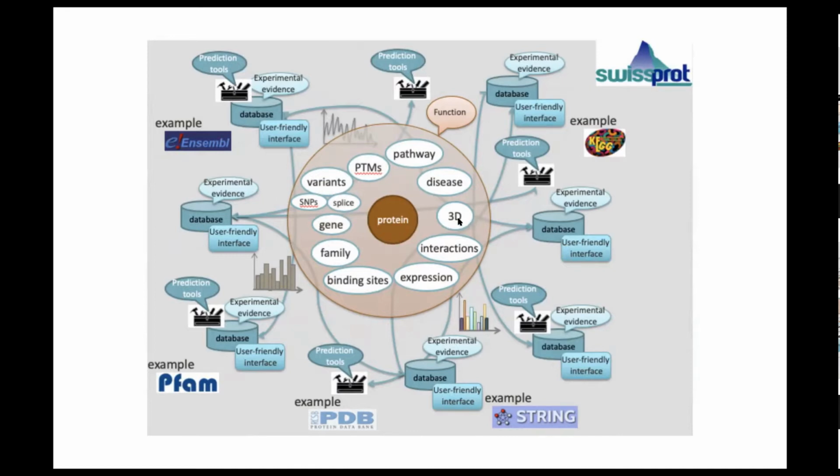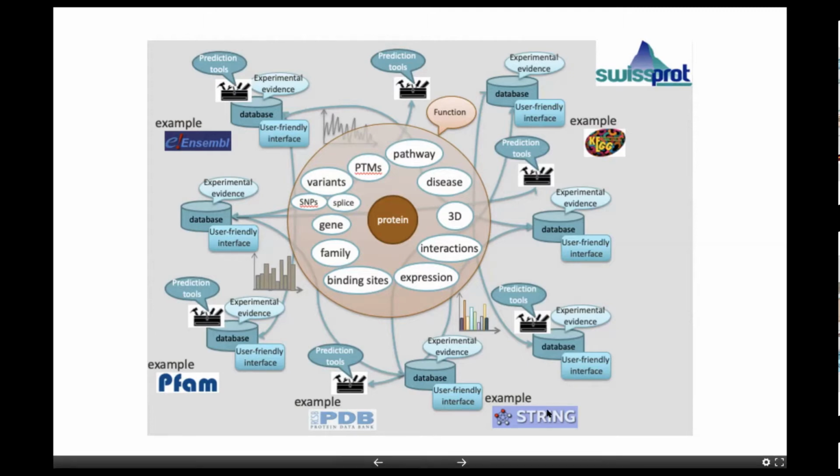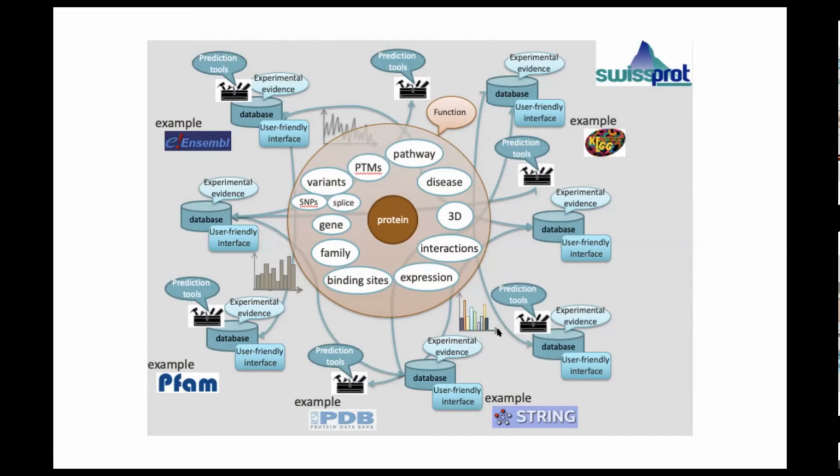You can have information on the 3D structure, on variants, on post-translational modification, and this is surrounded by a highly populated environment of databases, and also databases with toolboxes, prediction tools. And with prediction tools, you usually have some scores that allow you to trust or not trust a prediction.